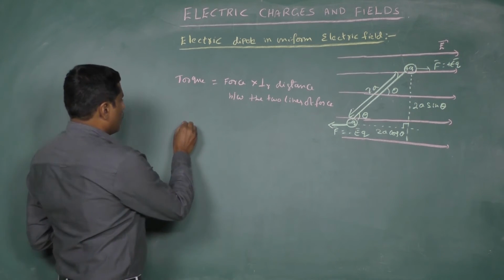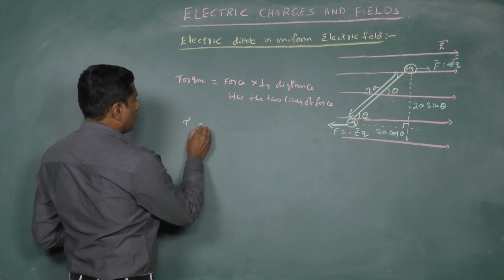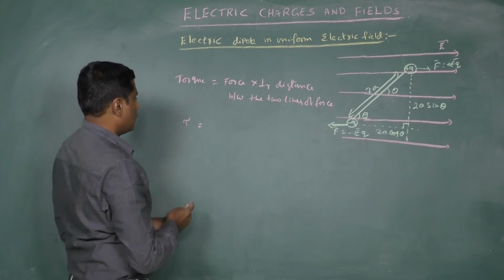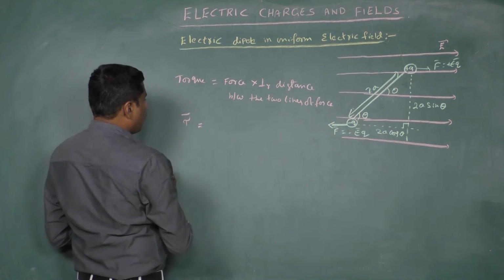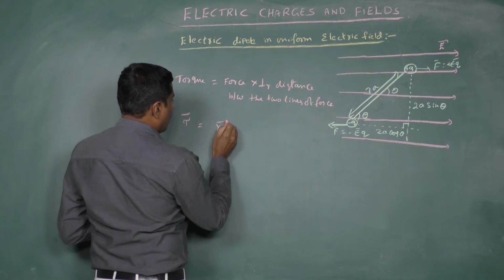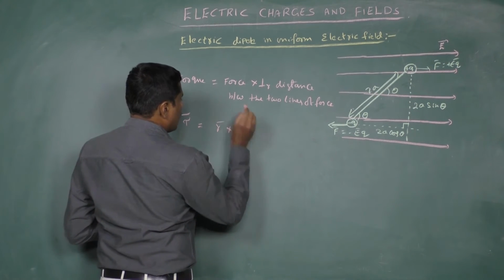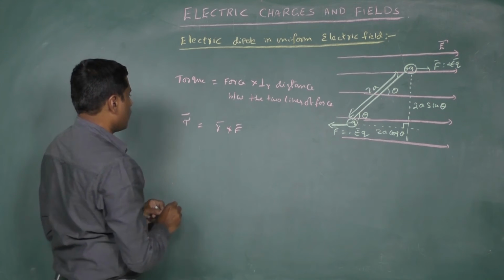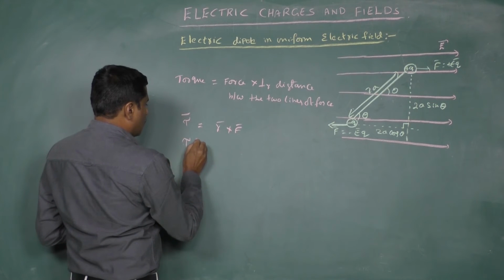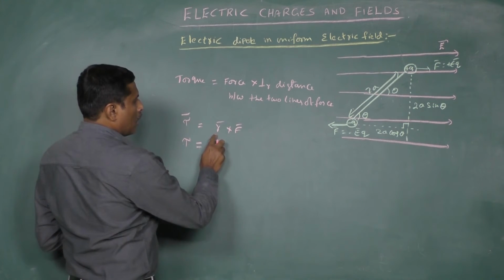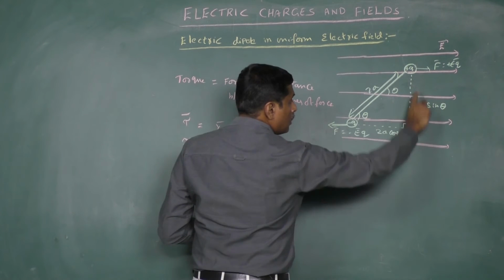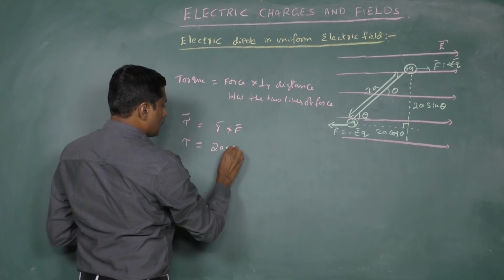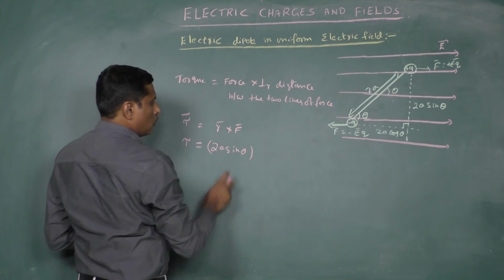Now you can write the torque tau is equal to force into perpendicular distance. In vector form, tau bar is equal to r bar cross F bar. So torque tau is equal to 2a sin theta into F, where r is the perpendicular distance between these two forces.